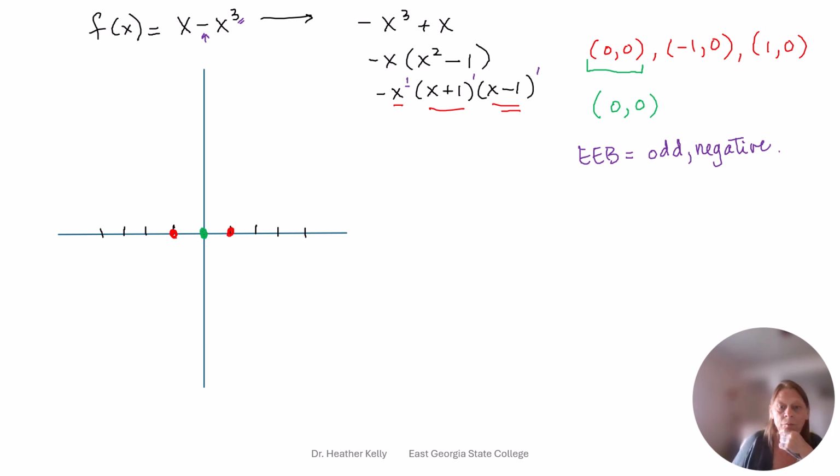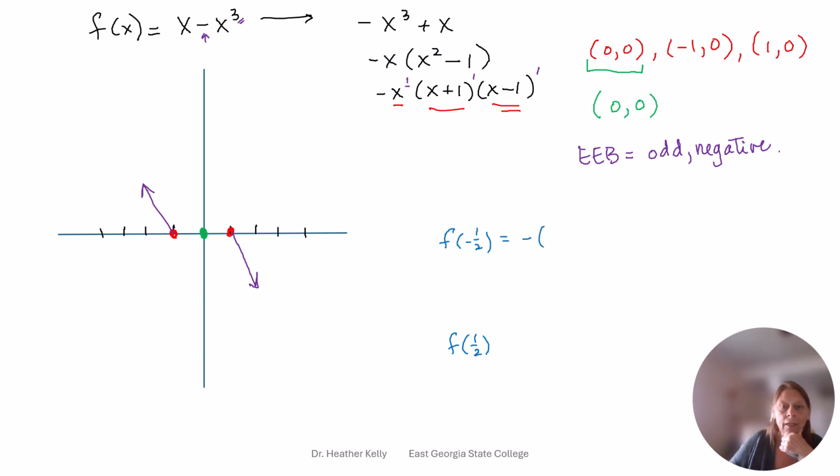And our extreme end behavior says odd negative, so it is up on the left and down on the right. Okay, so we've got our work cut out for us. To finish this up, we need to find f of negative 1/2, and we'll also find f of positive 1/2. That's going to give us that information in between there.